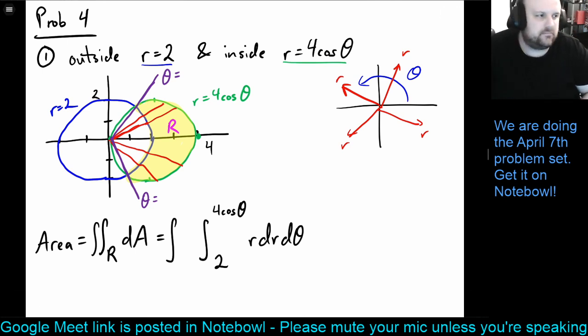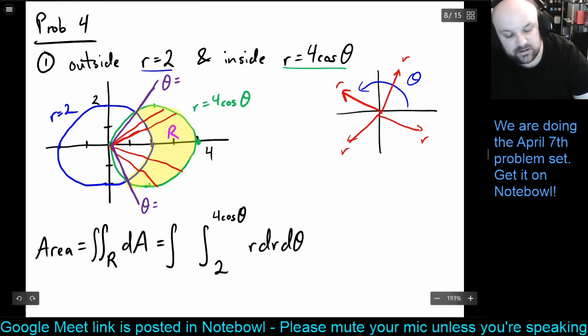Does that make sense? Again, since theta moves in a counterclockwise direction, we want to look at our shape and start at the bottom part, and make sure we move counterclockwise through that shape. So to move counterclockwise through it, we start at the bottom, go to the top. Hopefully that makes sense.